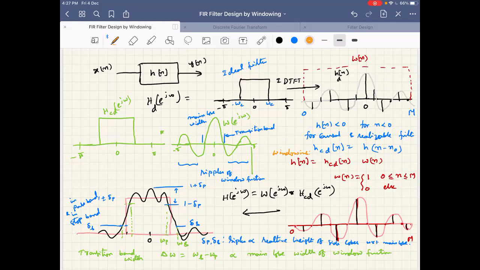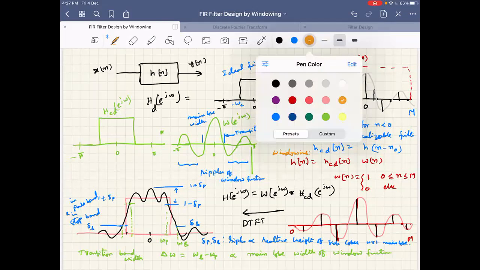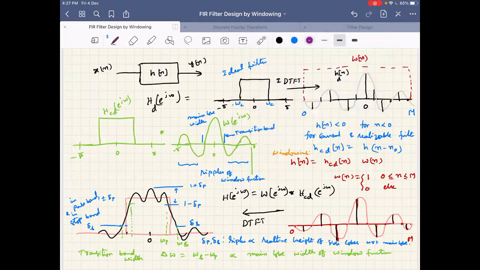So again, what we are taking here is the discrete time Fourier transform for the time domain operations we have done here. H of n is what we are sketching here. These samples correspond to H of n.